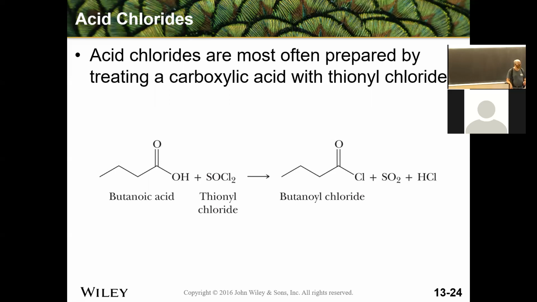Acyl chloride is a more precise term because phosphoric acid, sulfuric acid and a number of acids can also form acid chlorides. So acyl chloride specifically refers to those from carboxylic acids. This reaction works very well. The byproducts, SO2 and HCl, are both gases, so they can be easily removed.